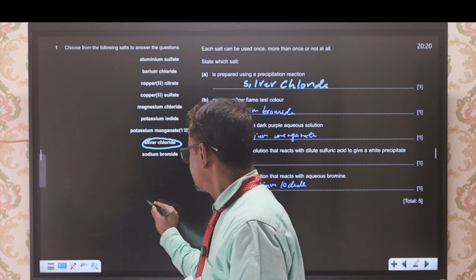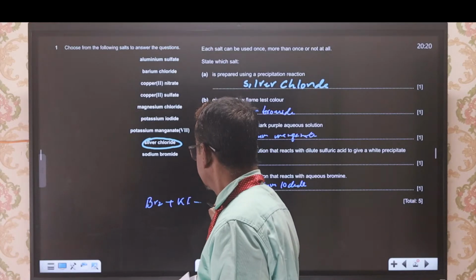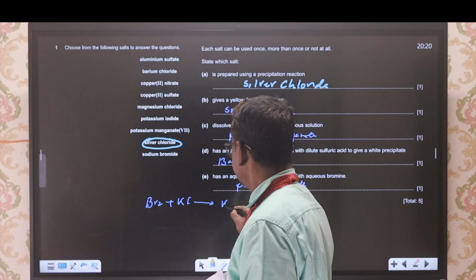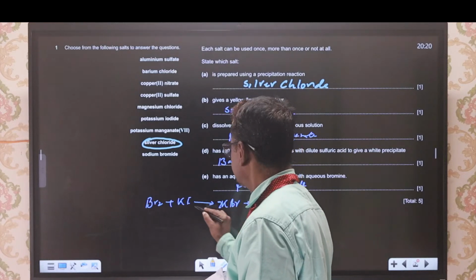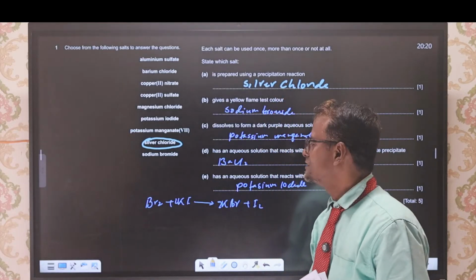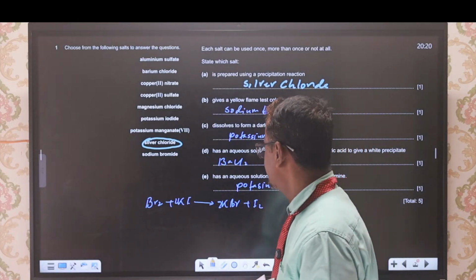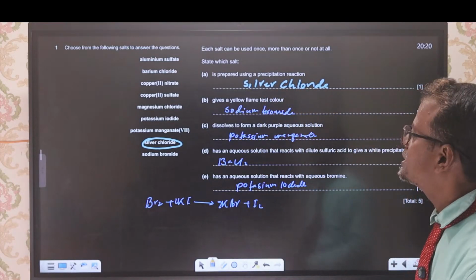So Br2 plus potassium iodide gives KBr plus I2. Bromine can displace iodine because bromine is more reactive than iodine. That's why it is potassium iodide. Okay, go to the next question.